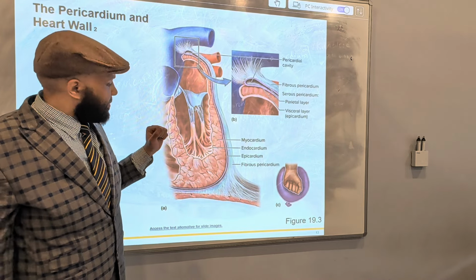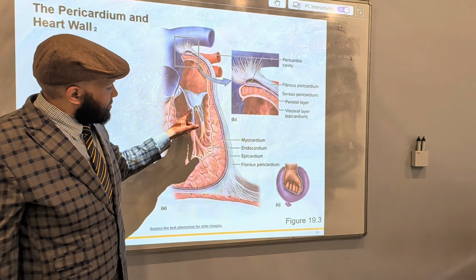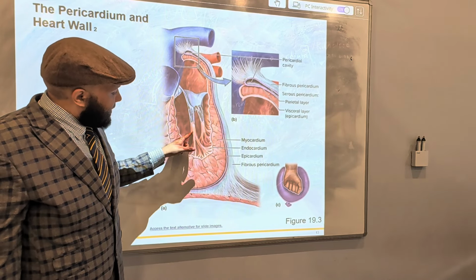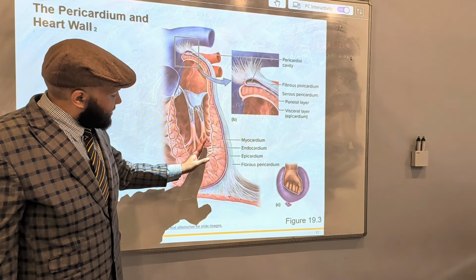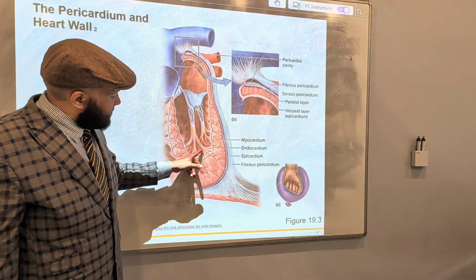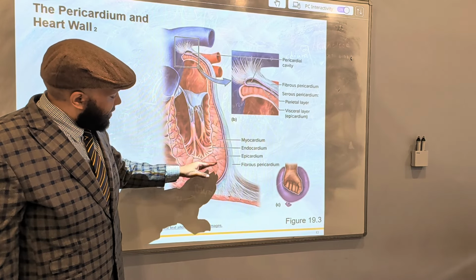Questions? If you look in here, those parachute-like structures are attached to the muscles here at the bottom of the myocardium.